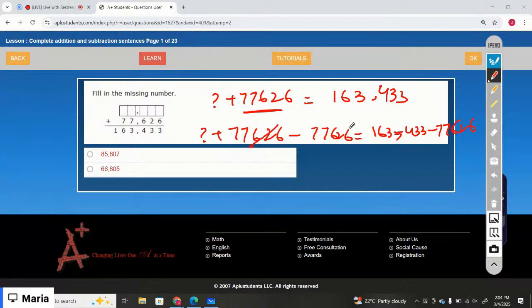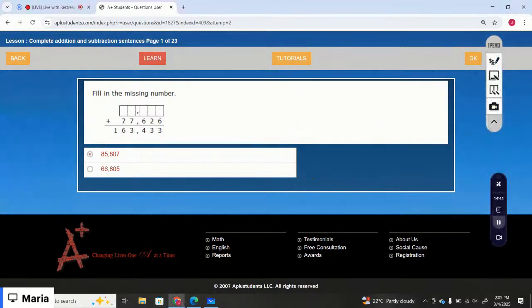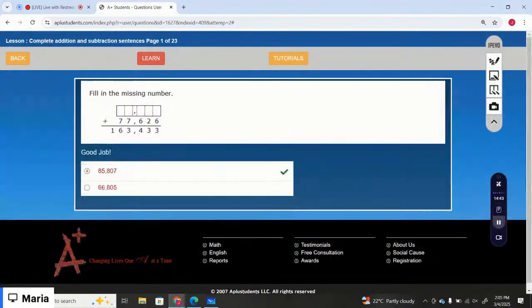When you subtract a number from itself, that always makes 0. And 163,433 minus 77,626 would be 85,807. So the missing number is 85,807. Option number 1 is the correct option. Got it?